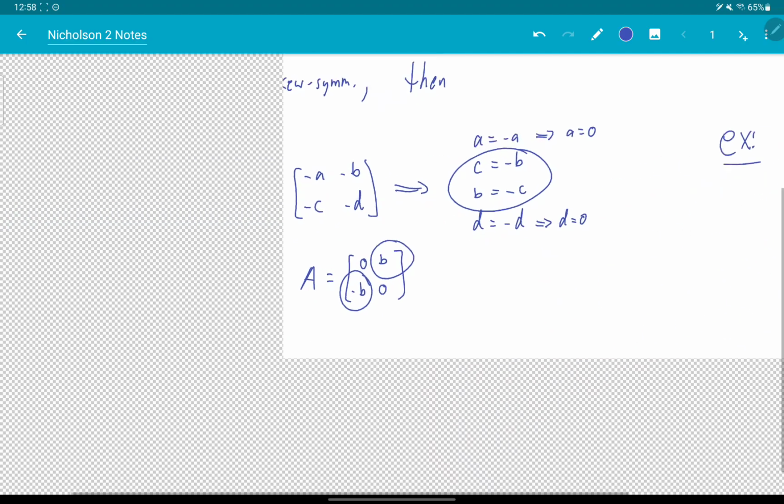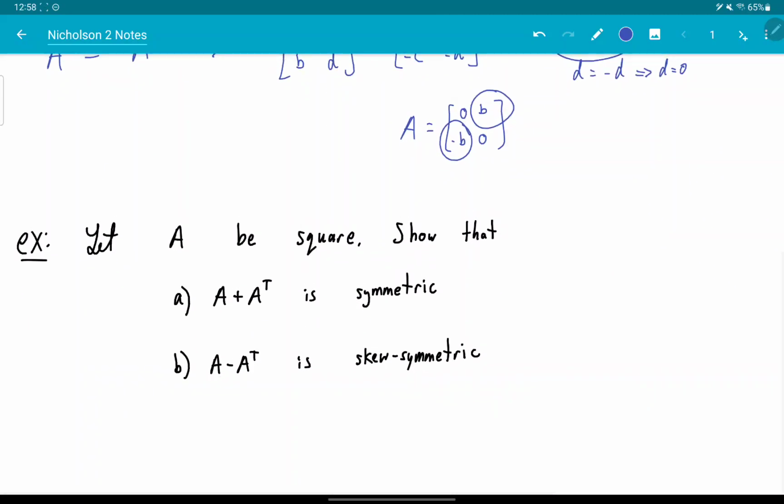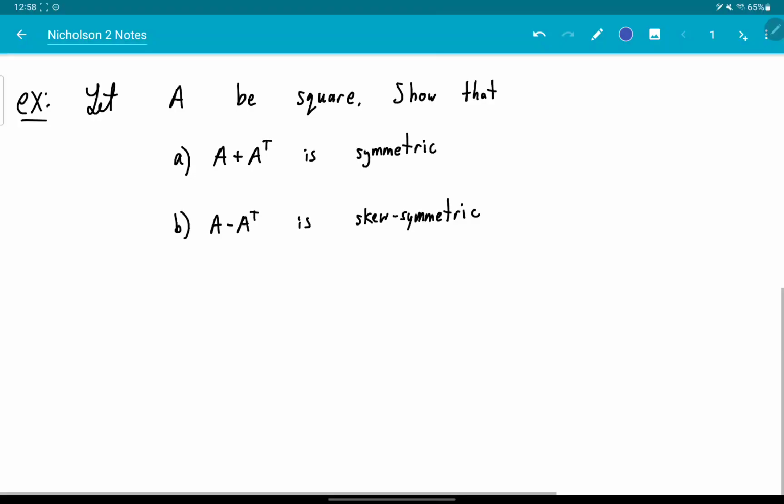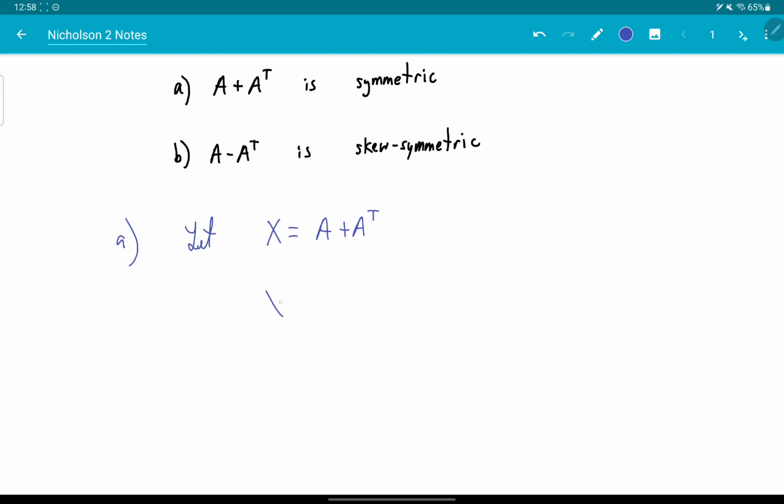Okay, fair enough. Let's try another example here. Now if I have a square matrix, A plus A transpose is automatically symmetric. Well, how do I do that? I'll say let X equal A plus A transpose, and I'll just calculate directly.